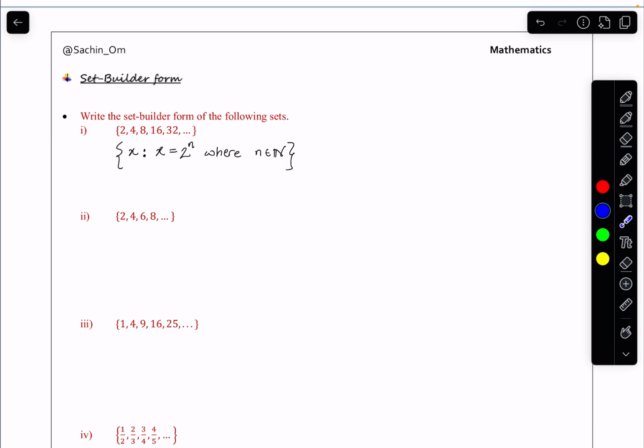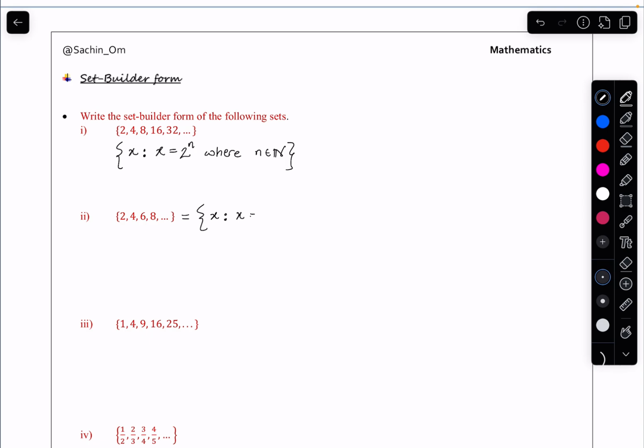Similarly, we'll consider the next example. This time we have 2, 4, 6, 8, 10, and so on. So what we are observing is the elements in this set are multiples of 2. So the way of writing this set would be, just like we wrote in the last set, collection of all those x such that x is a multiple of 2.